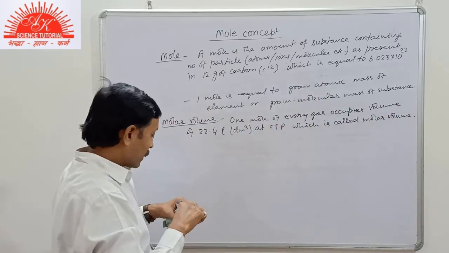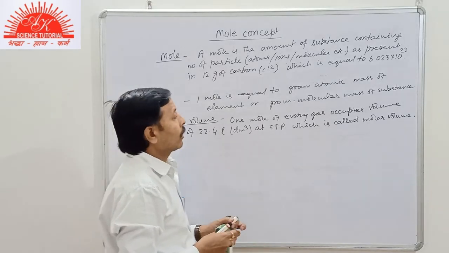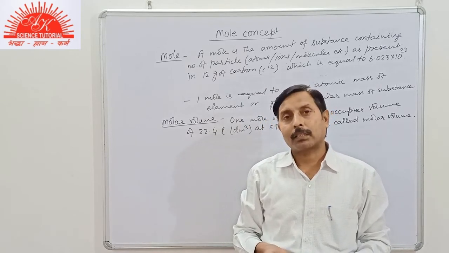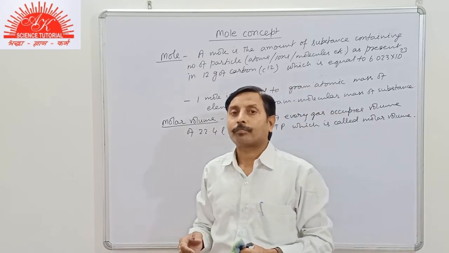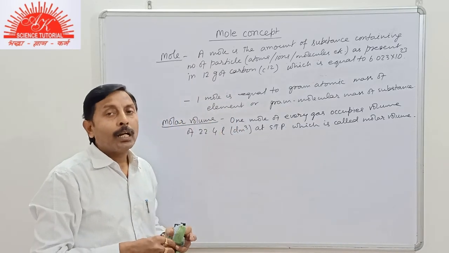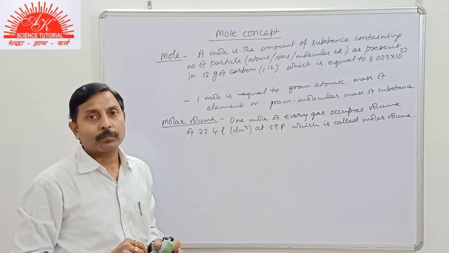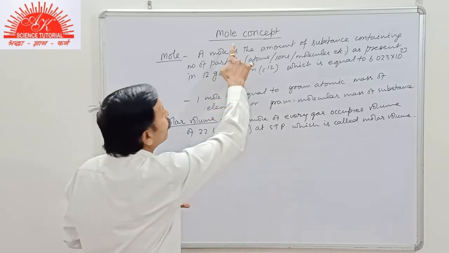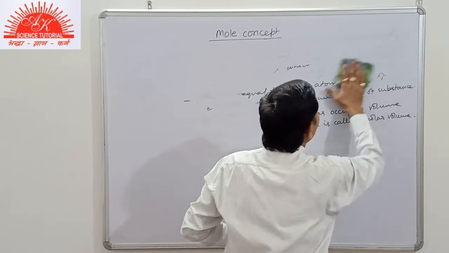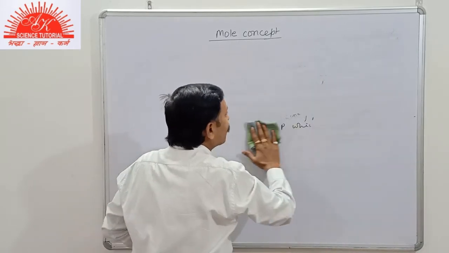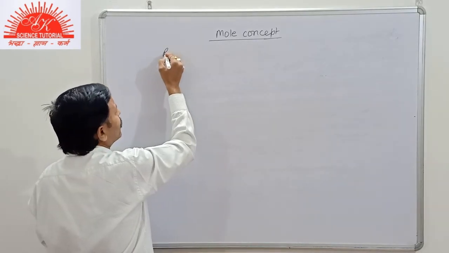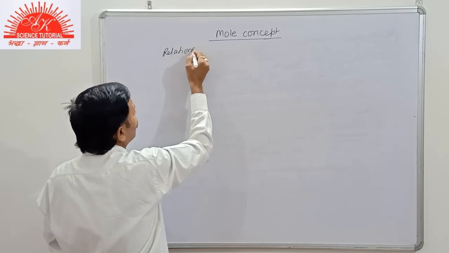So now you have studied about mole, molar volume, the gram atomic mass and the gram molecular mass. Now students, you can summarize all of them together to give a proper relationship relating them, and that will be the mole concept. That is the concept of mole. How is it related to other physical quantities? Now here you see relationship. We can write here relationship.